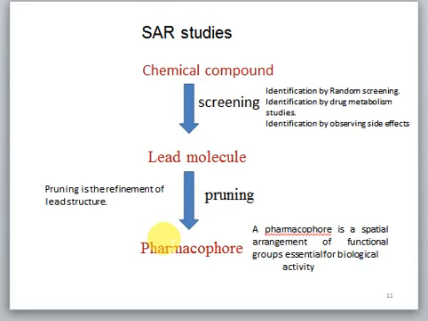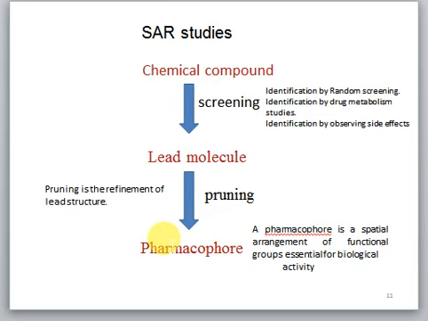The structure that has the idealized functional groups at their idealized positions with the best possible biological activity, this structure is called the pharmacophore. Right? So the pharmacophore is the actual structure which is responsible for the biological activity, right? So you can say that the purpose of structure-activity relationship is to discover that pharmacophore, right?